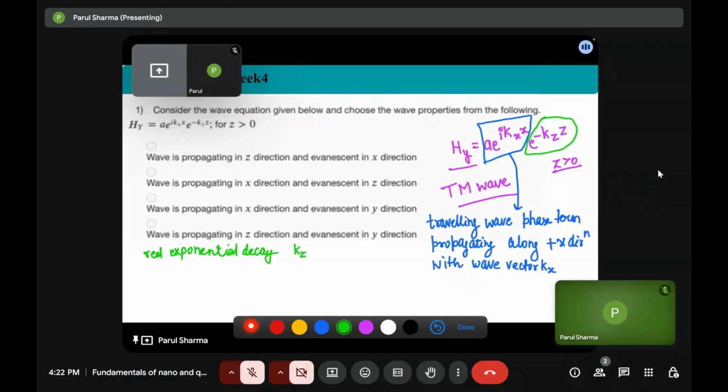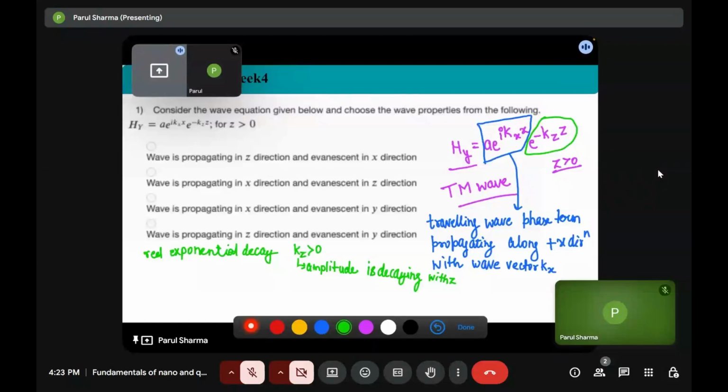Since kz is greater than 0, we can say that the amplitude decays.